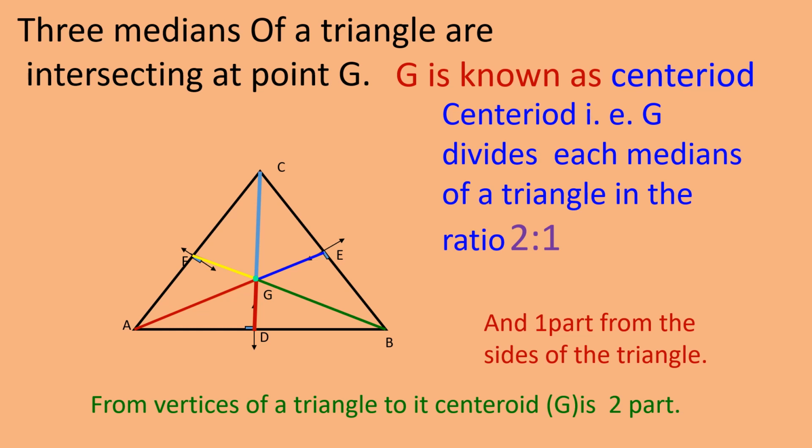AG is 2/3 of AE. BG is 2/3 of BF. Similarly, DG will be equal to 1/3 of CD, and so on. Okay, so I hope the concept is clear. We will see you in the next video.